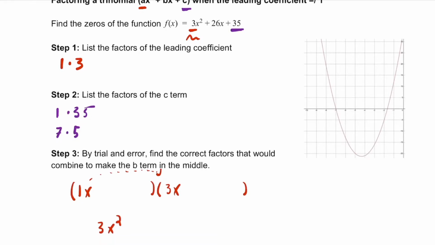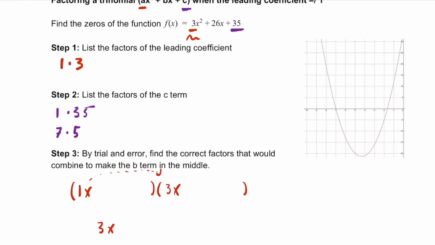Now, there are 4 instead of 2 options, and I want us to see this really quickly. We could have 1 and 35. We could have 35 and 1. The order matters because only one of these things is going to get multiplied by the 3x. The other one just gets multiplied by 1x.